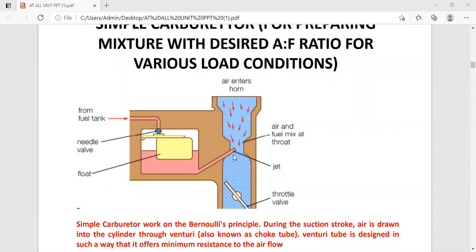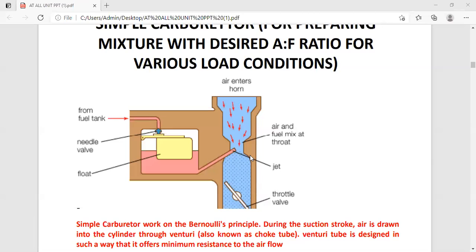The suction of the engine is drawn through the choke tube and passes through the venturi. Here the area of cross section at the throat of the venturi is reduced. Why do we provide such a reduction of area? Because the pressure at the main nozzle reduces and the velocity of air increases.